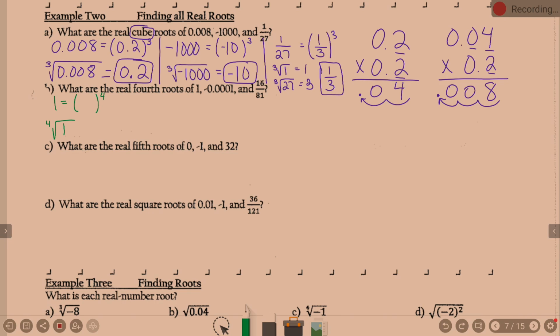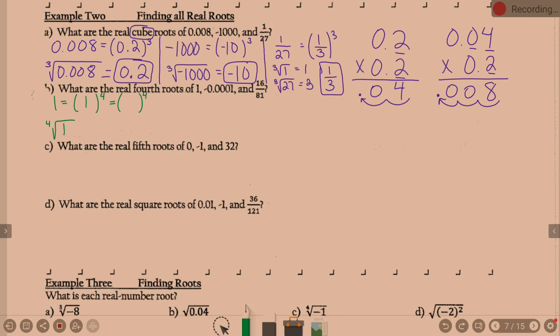When I write this, I can write it as the 4th root of 1. But 1 to any power multiplies to equal 1, doesn't it? Okay, I agree. What if I say there's a second answer? 1 is correct. I'm not arguing. I agree. 1 is correct. -1.